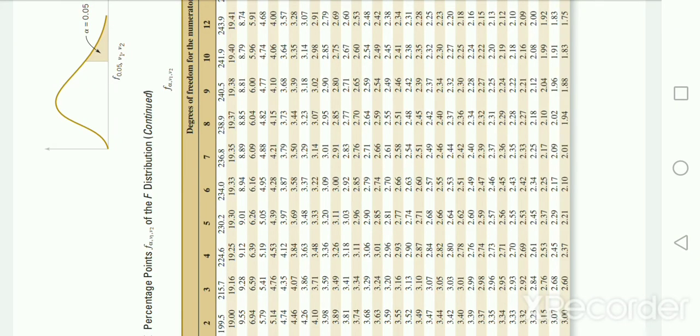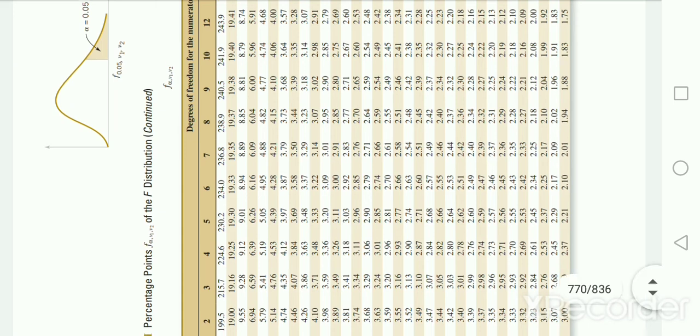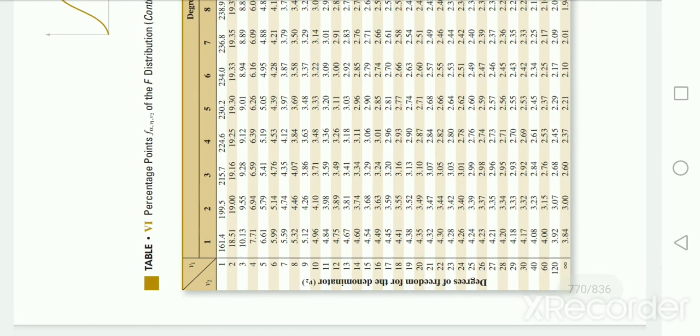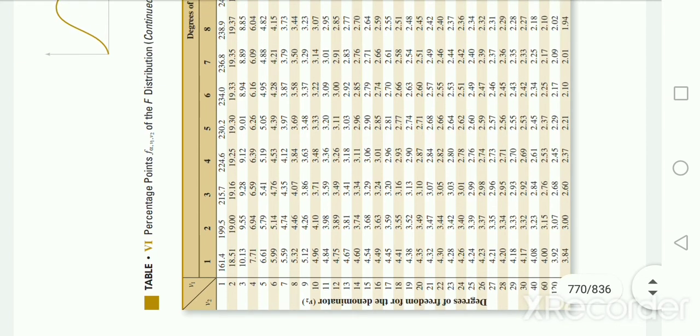Okay, this is our F distribution table corresponding to alpha 0.05 and the two different degrees of freedom, V1 and V2. Suppose our degrees of freedom V1 and V2 are both 1.